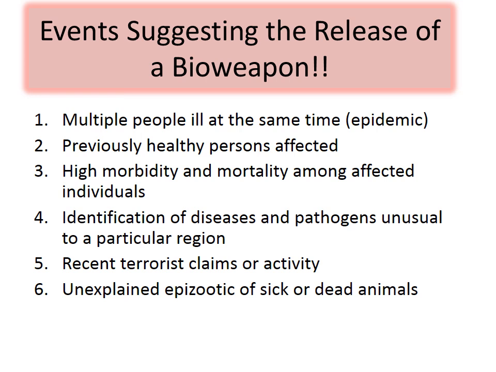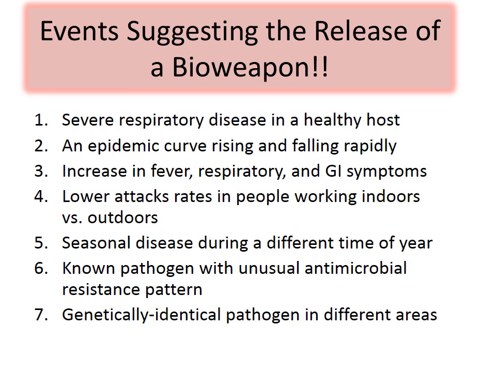Many times there are claims by terrorists or other parties bragging about what they have done or plan to do. You may also see animals dying in the zoo, or other untoward events that may suggest something. But again, there's a word of caution: you have to do your homework before you declare such an emergency.